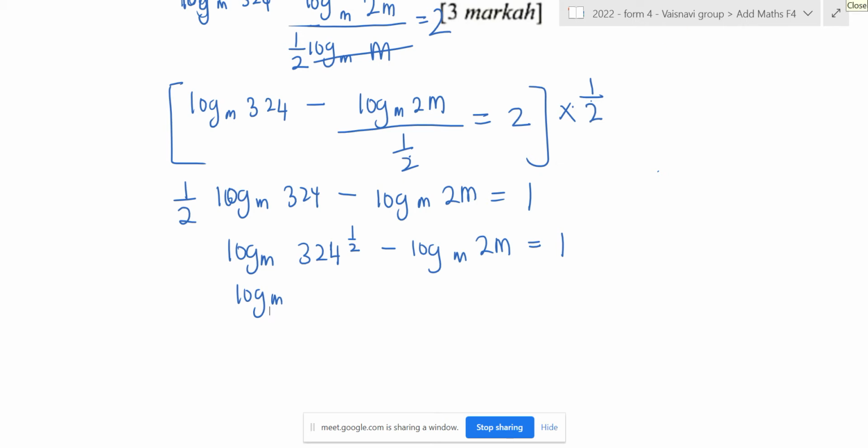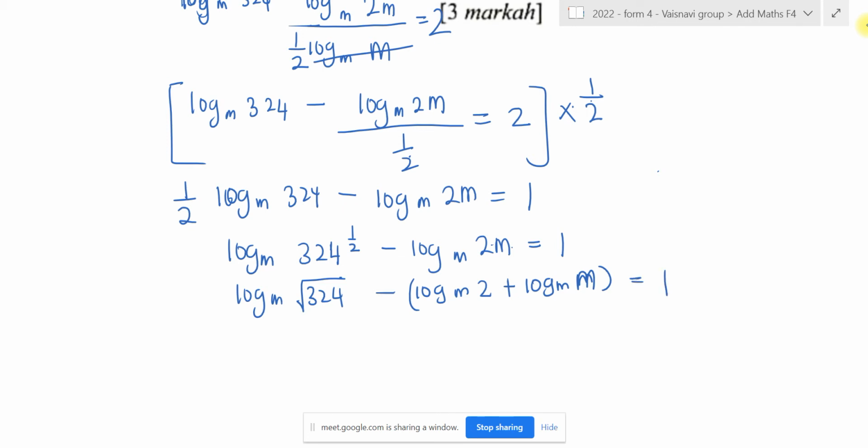So this 324, actually 1 over 2 means what? Square root, right? Okay, can apply first. Log m 2m means log m 2 plus log m m, 2m means 2 times m. So we split like this first.